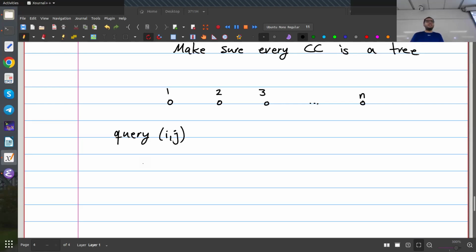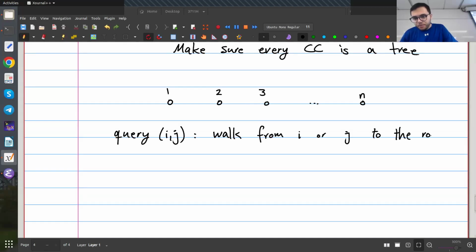Right? If I reach the same root, they were in the same connected component. So query ij would just be walk from i or j to the root, and then compare roots.